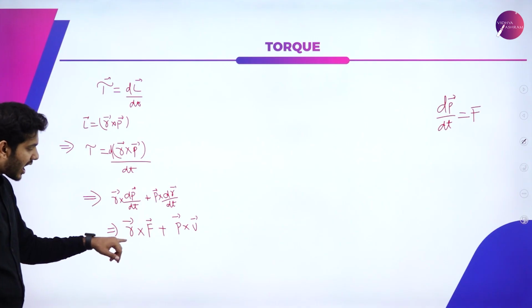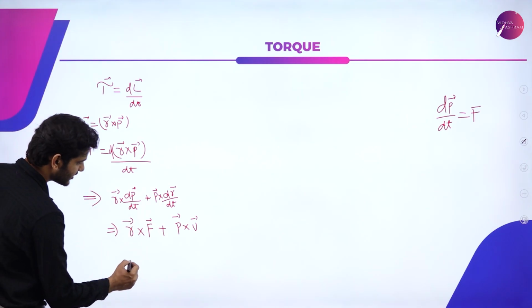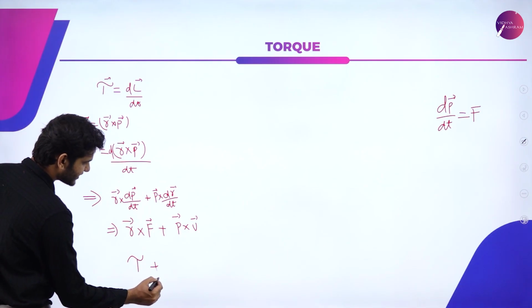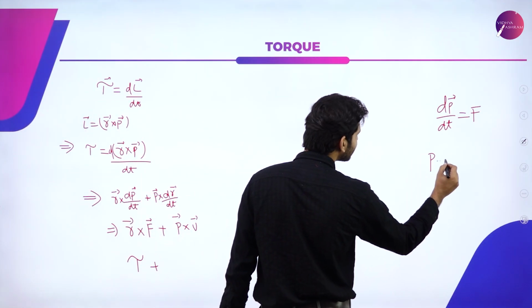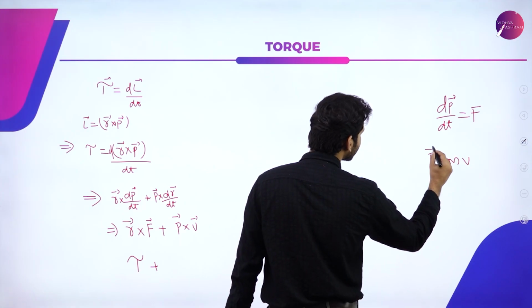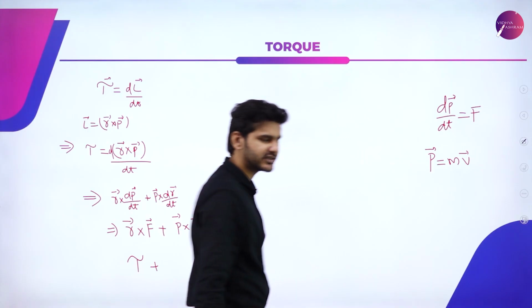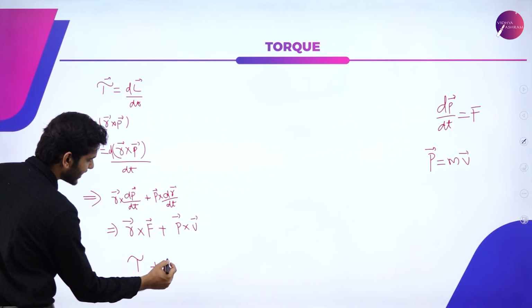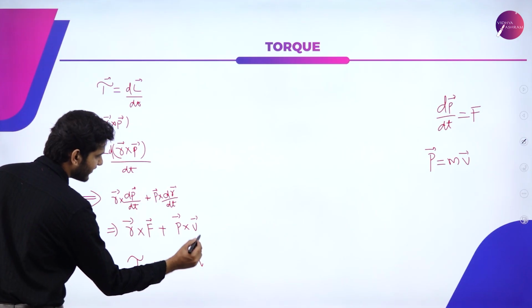Again, r cross F is nothing but torque. So we can say tau plus p cross v. Now p is equal to mv, linear momentum is mass times velocity. So this is equal to mv cross v.